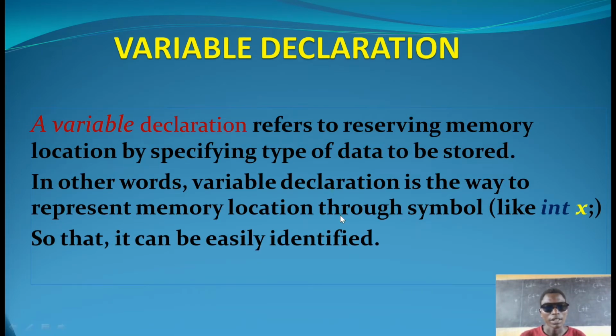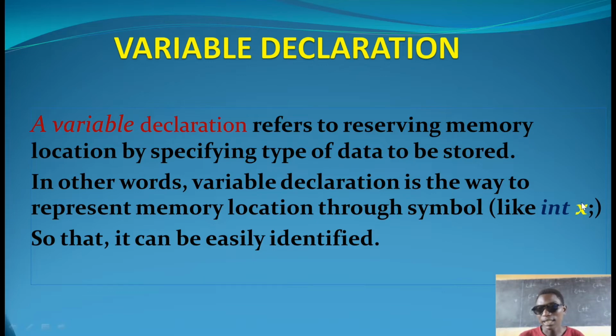Secondly, we have seen variable declaration. We see that variable declaration refers to reserving a memory location by specifying the type of data to be stored. In other words, variable declaration is the way to represent a memory location through a symbol like int x.